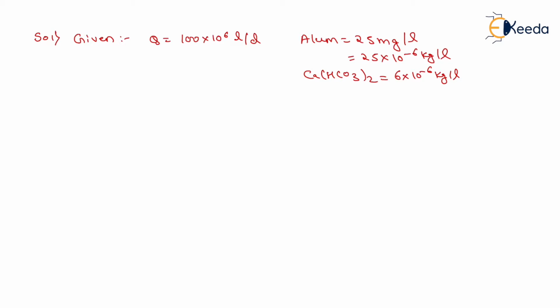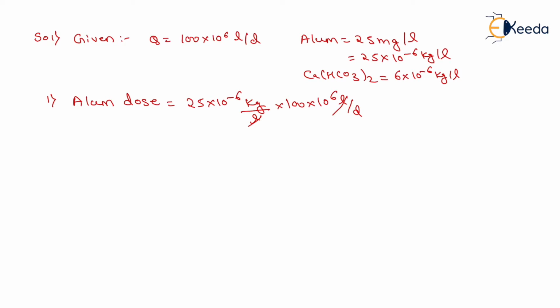Okay. Now we will solve each and every point one by one. Firstly we will calculate the LM dose in kg per year, for which we just need to multiply the LM dose in kg per liter, that is 25 into 10 to the power minus 6 kg per liter, with the total discharge, which is 100 into 10 to the power 6 liter per day. Now liter to liter cancels out.